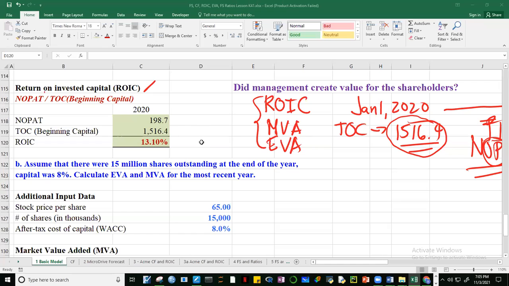Okay, so what's the answer, guys? What do you think? Is 13.10 indicative that the company, that the management was able to create value for the shareholders? Okay, may nag-volunteer na answer. Let's see.